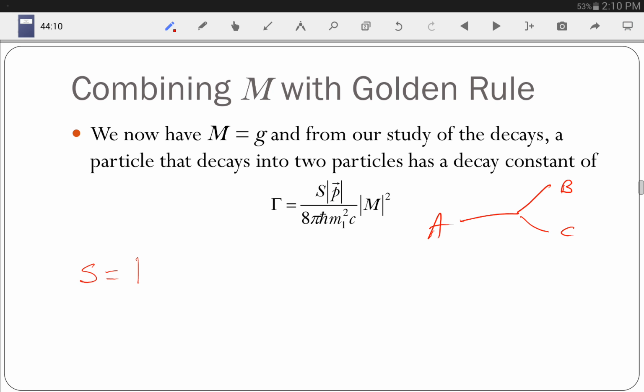P was my momentum final. Well, it's just going to stay my momentum final. M is G. Everything else is the same. So I'm going to have, now I put the absolute value G squared. You don't need the absolute value at this point.